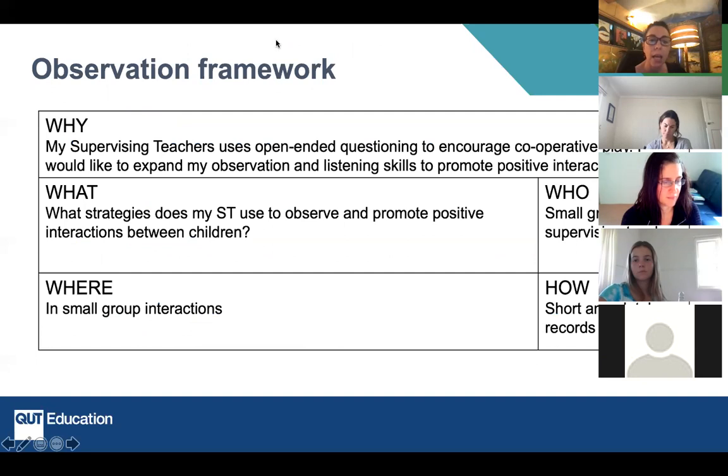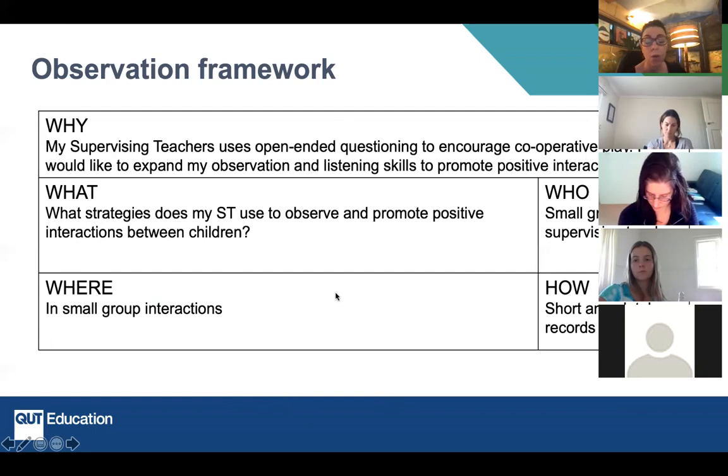As I said in the lecture, it's very important that supervising teachers know what you're observing, and it's a really good conversation starter having it framed in this way, especially in the first couple of days of your placement, when you're really starting to get an idea of what's happening in the environment and the kind of strategies and skills the supervising teacher uses.